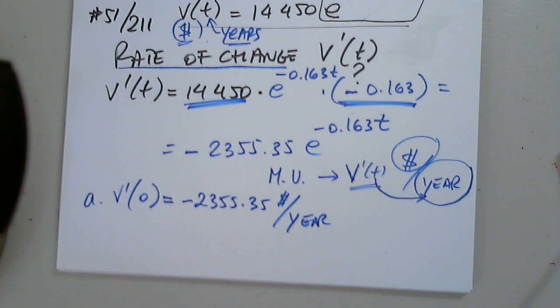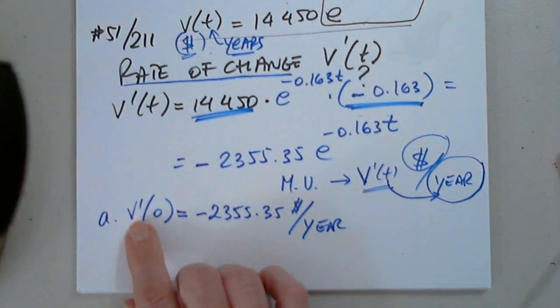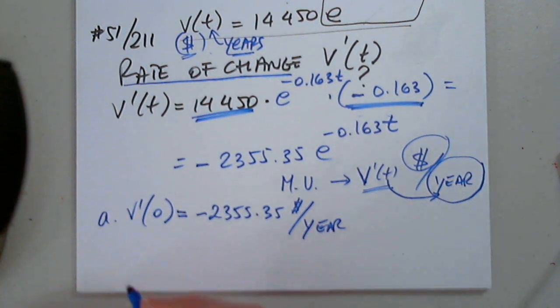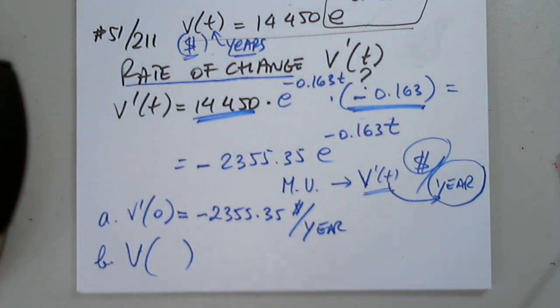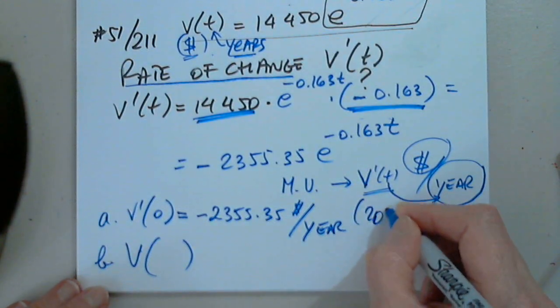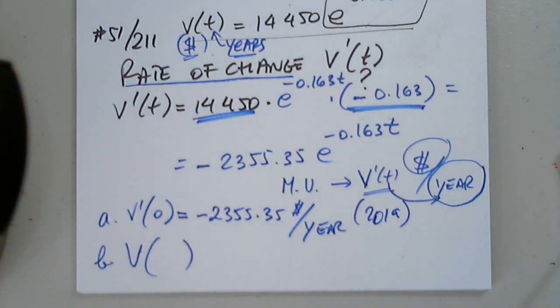So let's see how we do that. This has nothing to do with the rate of change. They want the value. They want us to determine V of something, not the rate of change. We determined the rate of change in 2019. But they want us now to determine the value that was initially.